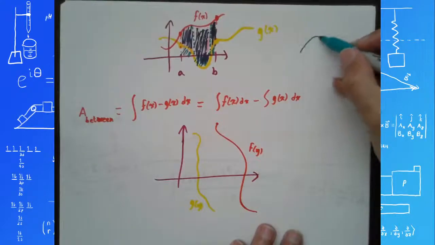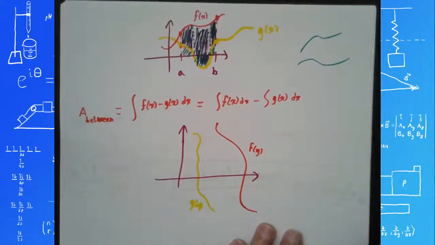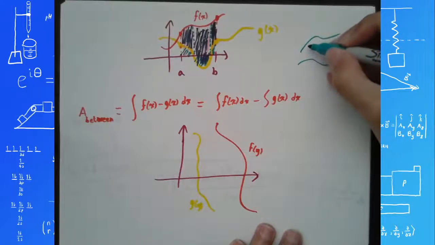So let me draw two curves like this and say I'm calculating the area between them vertically. I'm doing Riemann sums.